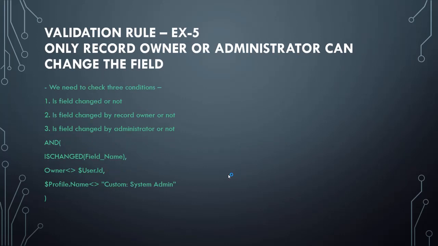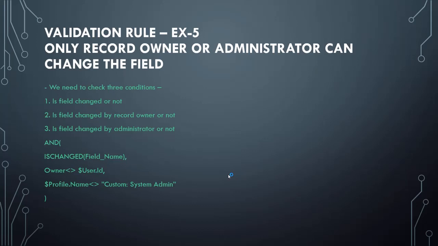And validation rule example 5. Here we have to check that only the record owner or administrator can change the field. Again we have to use those conditions in the AND operation. There are three conditions: is the field changed or not, is the field changed by the record owner or not, is the field changed by an administrator or not.